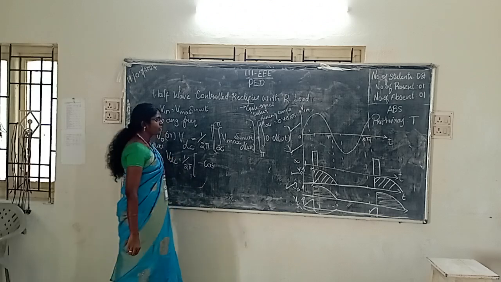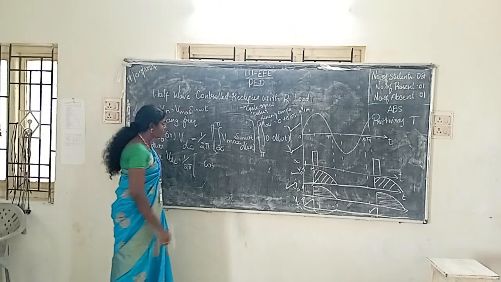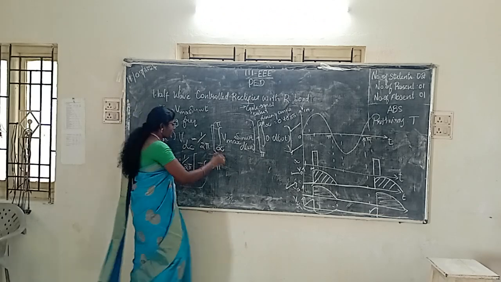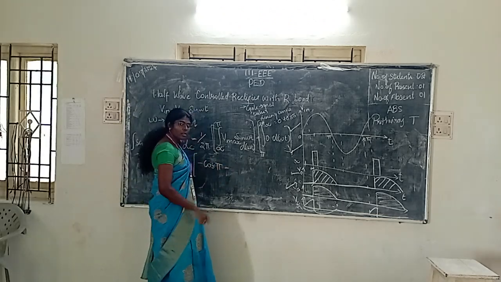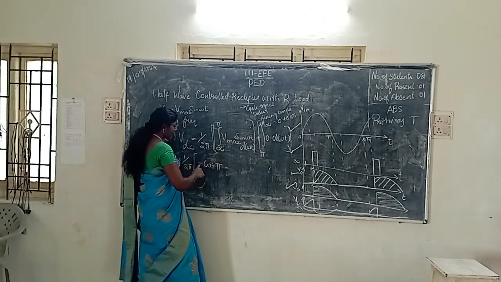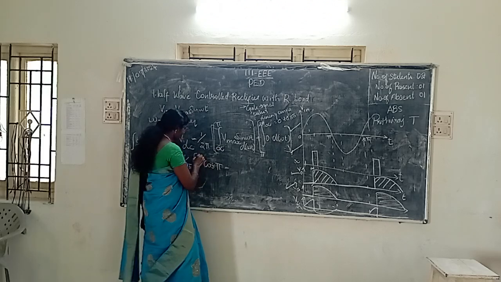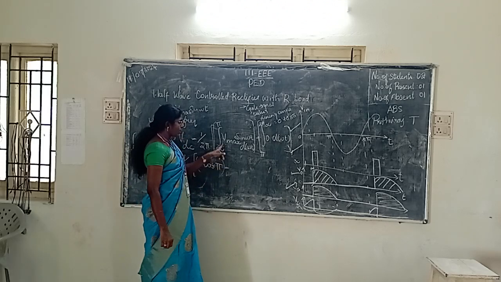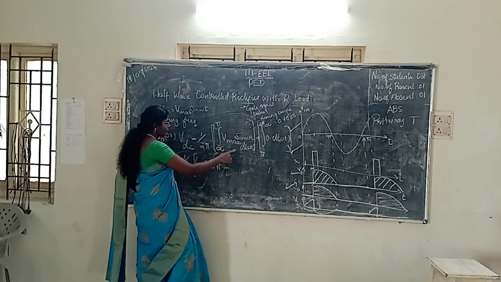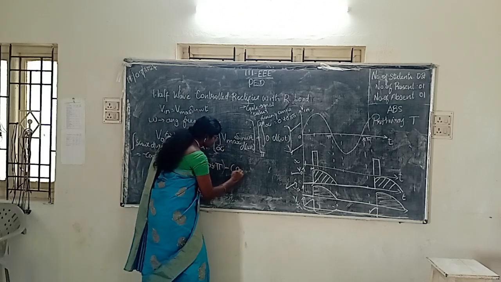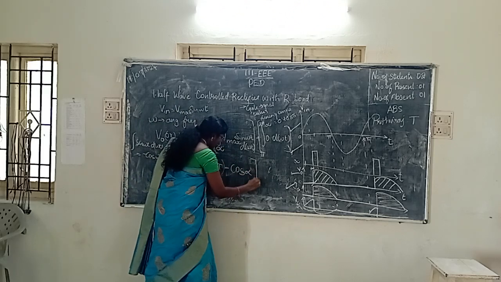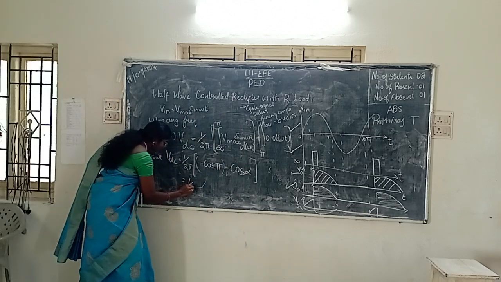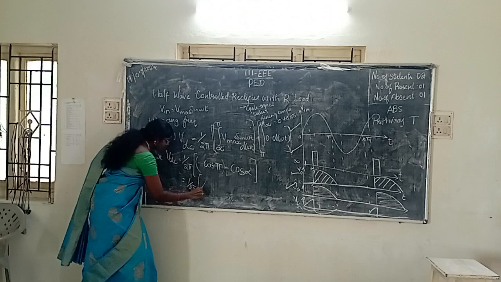What will come in the place of omega t? The upper limit is pi, so minus cos pi, minus of the lower limit, which is alpha, so minus of minus cos alpha.